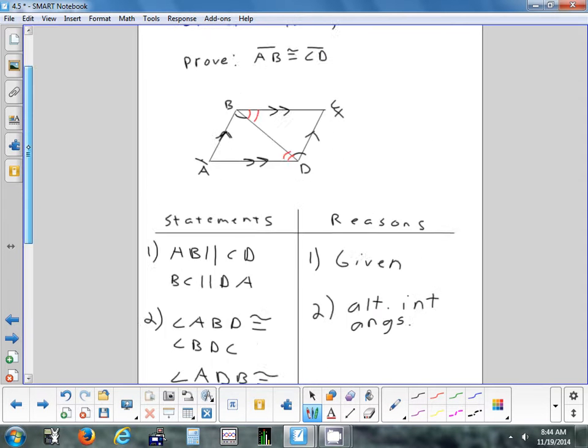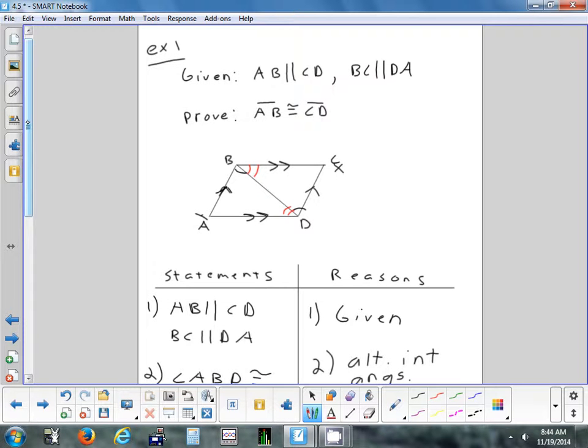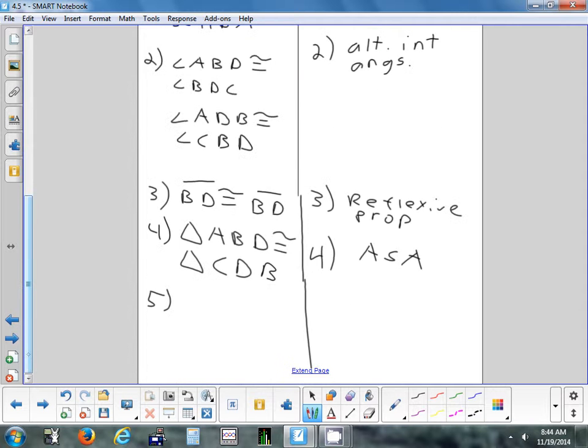Okay, now we can go back and say what they wanted us to prove. AB and CD are congruent. Okay, that's kind of what they wanted us to actually show. We can say that. We now know that they are congruent. So AB is congruent to CD. What's the reason for that? Yep.